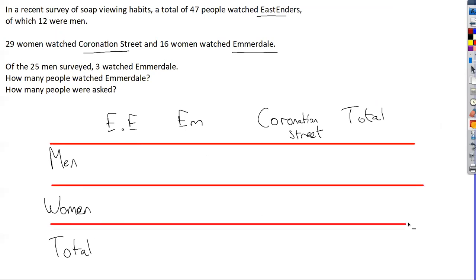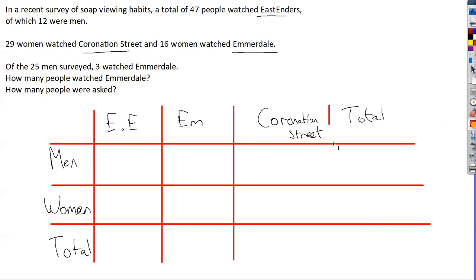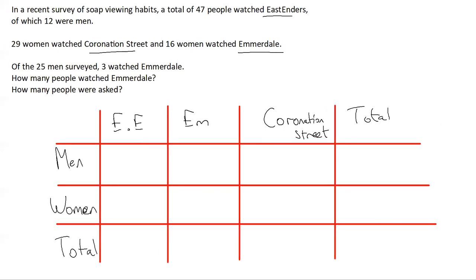Say you didn't get this question, and now it makes sense to you that I've drawn the table. Maybe draw a table now and have a go at it. So draw this table and pause it and see if you can do this question now. Some people didn't get this one. Okay, so I'm just going to go through the answer now.